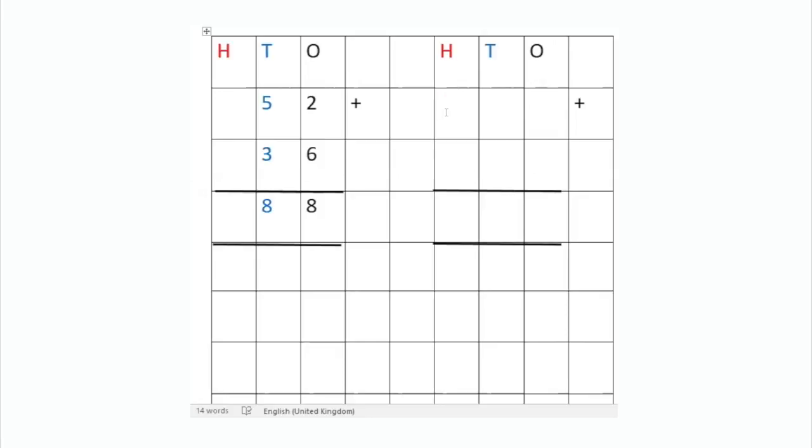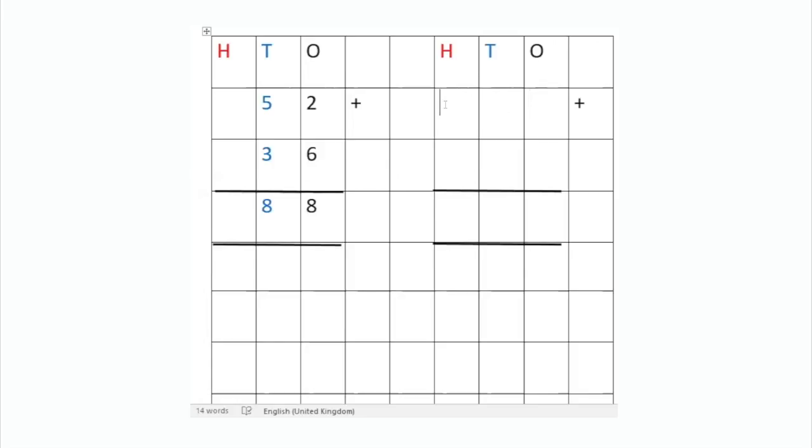Understanding that, for example, 36 has 3 tens, and it also has 6 ones. Okay, so it's important that you understand the concept of numbers first.